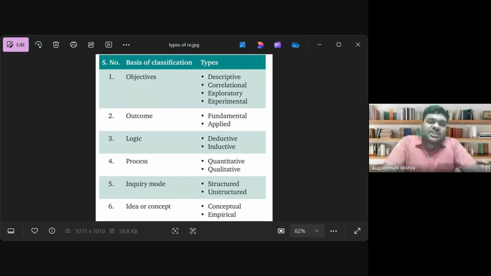It can also be used to do comparison in terms of differences and similarities. Yes, that is also possible with the help of descriptive research. Like if you are comparing two policies of different states. For example, there is today's news that Mizoram became the first literate state in India, a fully literate state.